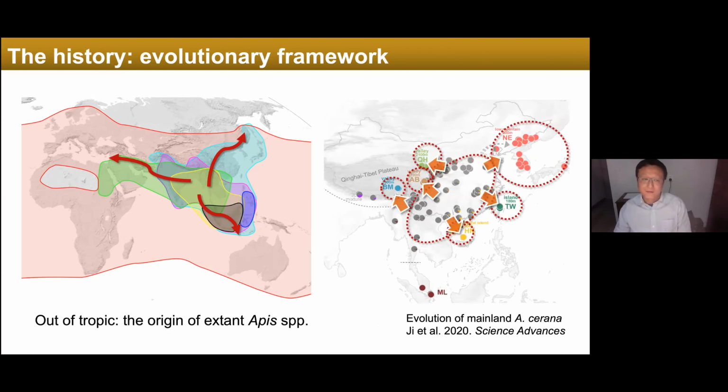The Asian honeybee, or Apis cerana, has a very different story. The species is mostly confined to the northern, eastern, southeastern and southern parts of Asia, and their evolutionary history and distribution range are mostly shaped by multiple rounds of glacial movements.